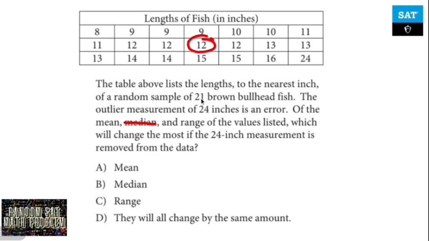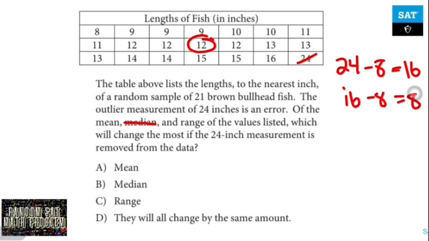However, if I change the range, which is the biggest number minus the smallest number, I right now have 24 minus 8, which means my range is 16. If I remove the 24, that range is now cut in half. It's a change of 8.